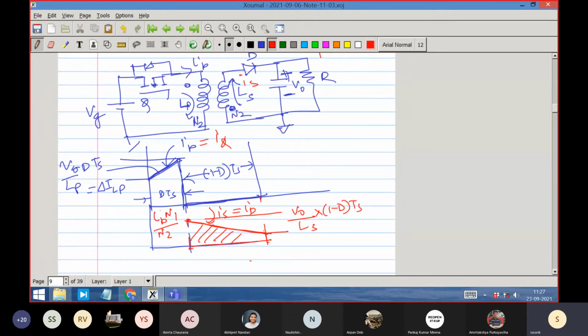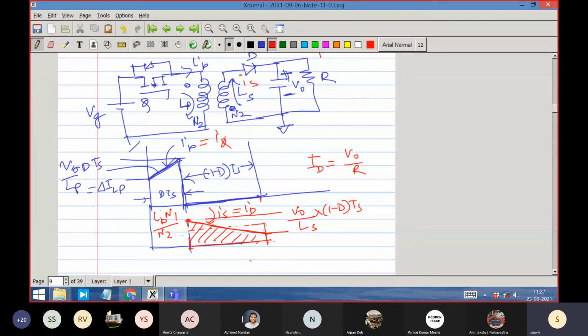So the average diode current ID must be V0 by R, and this area will be equal to V0 by R. So what is the area overall? Okay, we'll come to that a little later.